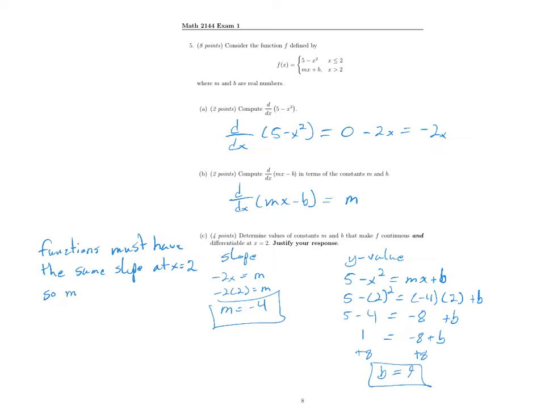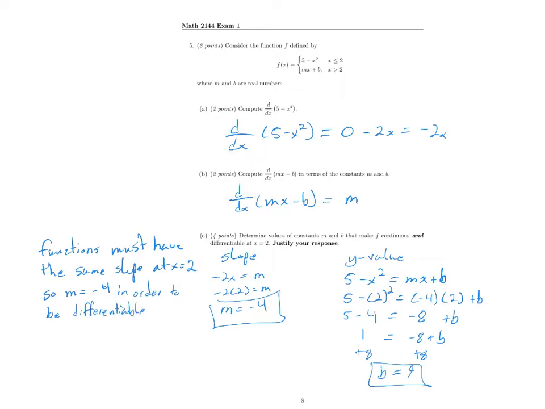So m equals negative 4, which is exactly what we did through our computations, but now we're just writing it out to explain and justify our response. So this is in order to be differentiable.